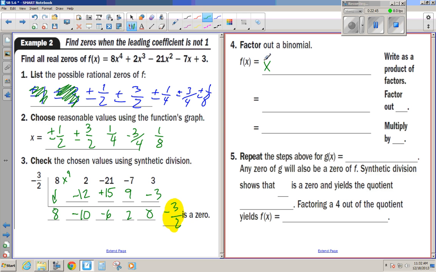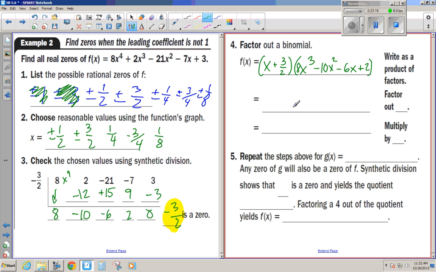So what I've got is x plus 3/2, and we have 8x cubed minus 10x squared minus 6x plus 2.